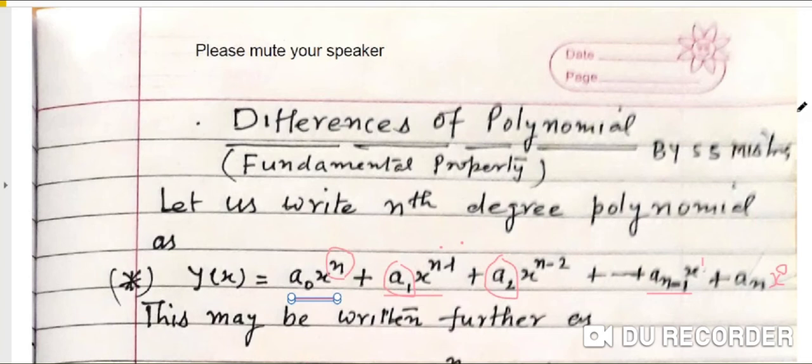In a single line statement, if you have to answer how we can distinguish between the polynomial and function, the single line statement is that the conditioned function is a polynomial. And what is the condition?